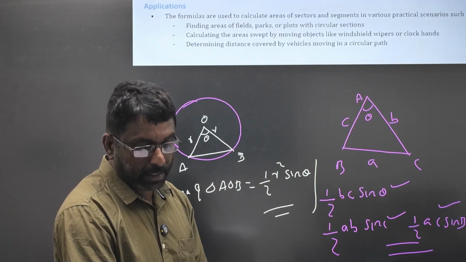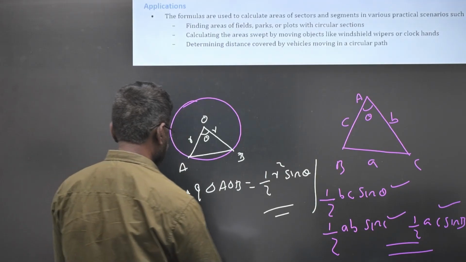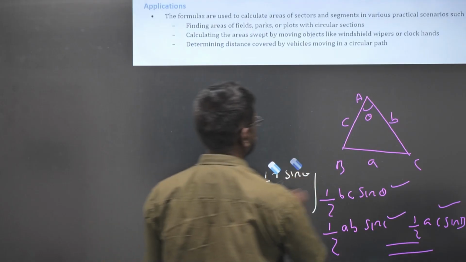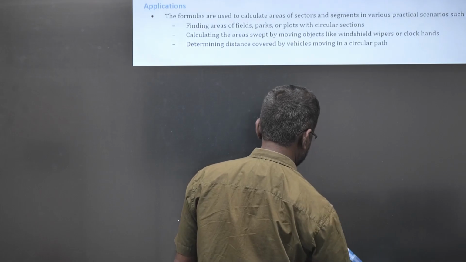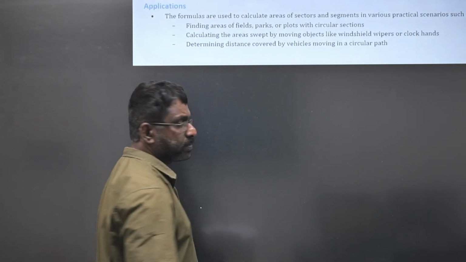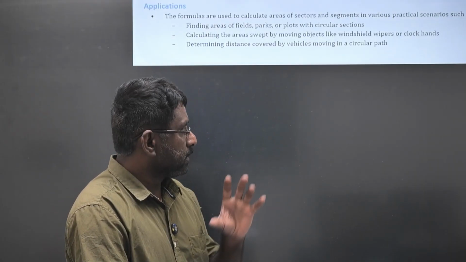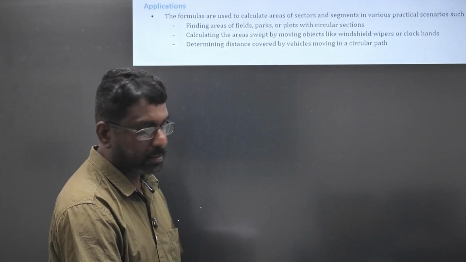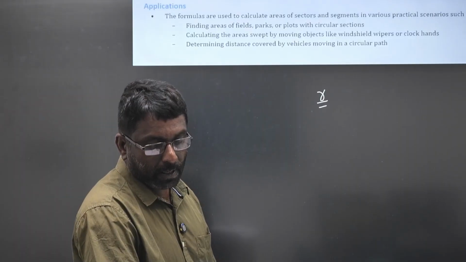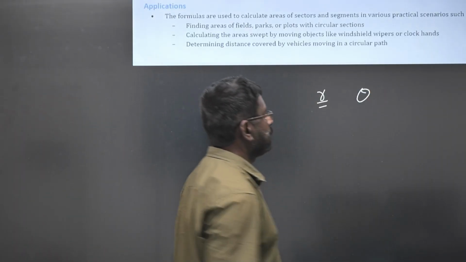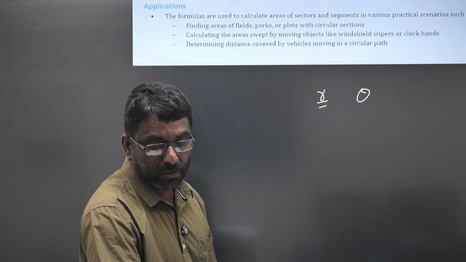Then some more important results you have to learn by heart, some more shortcut formulae. This will help you to do problems. R is the radius of the circle and theta is the angle in degrees of a sector.